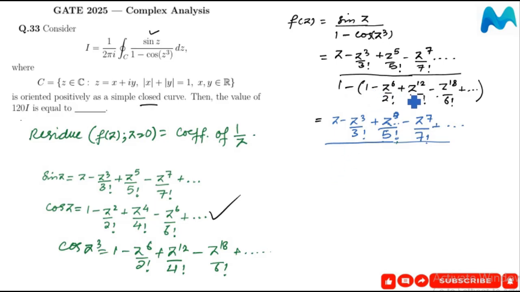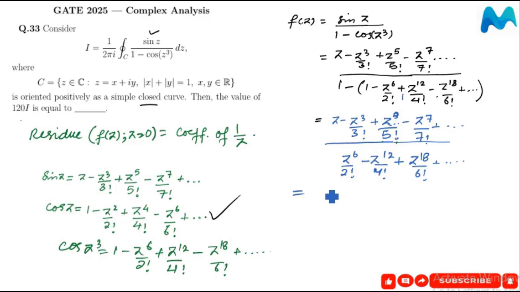So that will be positive, this will be negative, and that will be positive again. So it will be z^6 by 2 factorial minus z^12 by 4 factorial, and positive z^18 by 6 factorial, and so on.